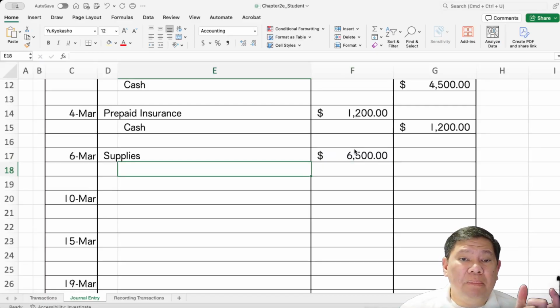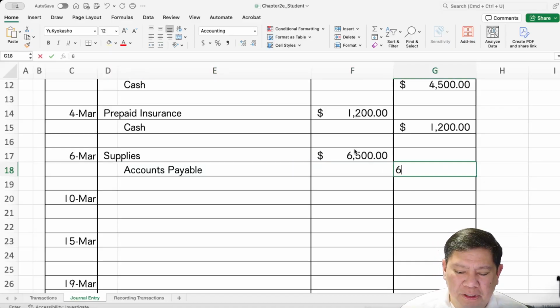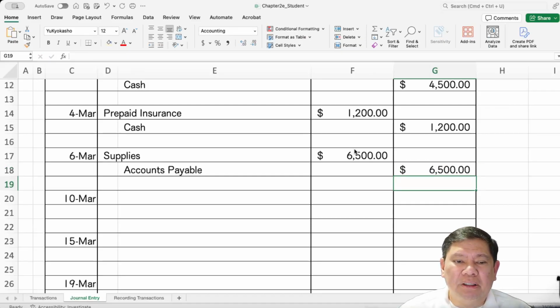But because the company didn't pay right away, there was no cash payment. It has to recognize accounts payable that they will have to pay. It's a liability that they have to pay in the future. $6,500.